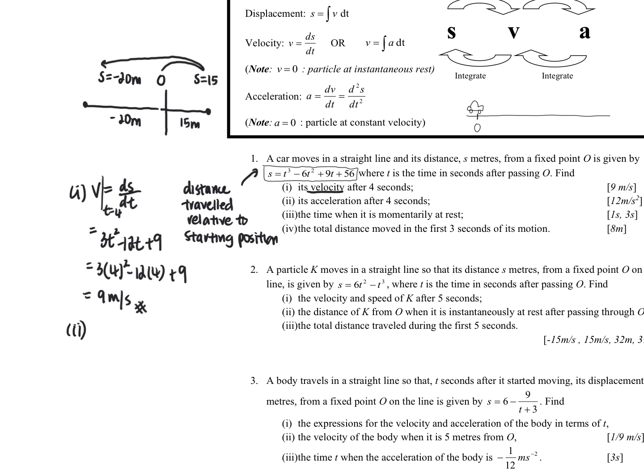Okay, what about acceleration? Yeah, so we differentiate your expression for velocity one more time. So this one, differentiate one more time: 6t minus 12. Okay, but it's also after 4 seconds, so you should sub in t as 4.